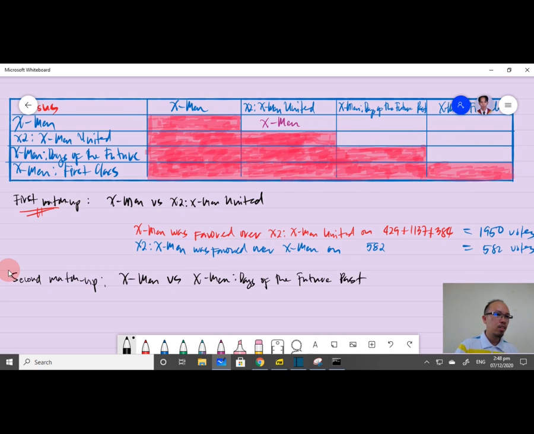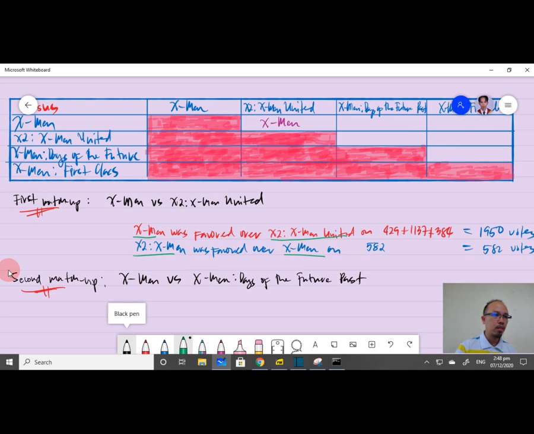Do the same, copy this here, but replace this one. Just replace, the same computation.